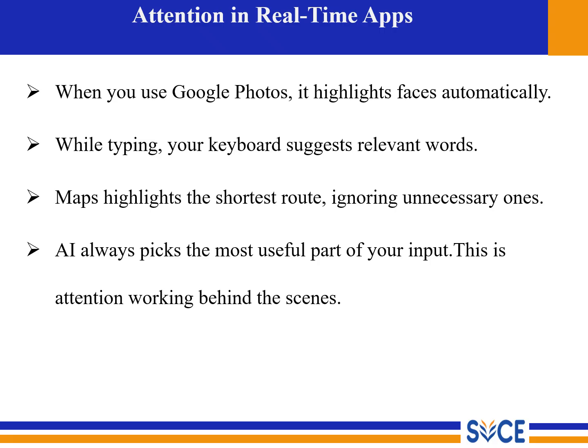This improves efficiency and user satisfaction. Without attention, the system would overwhelm users with unnecessary information. So attention is not just a technical concept. It is something you experience daily without even realizing it.